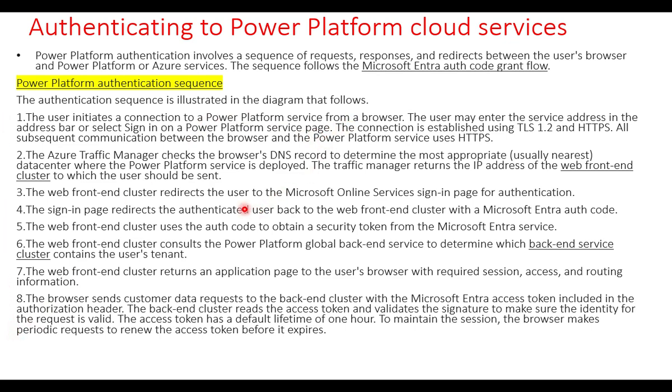The user initiates a connection to the service from a browser, and then the various Azure services check the browser DNS to find the nearest or appropriate data center where the Power Platform service is deployed, and perform these steps to authenticate the user.